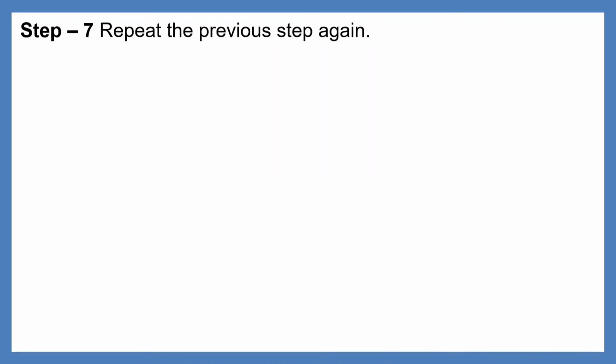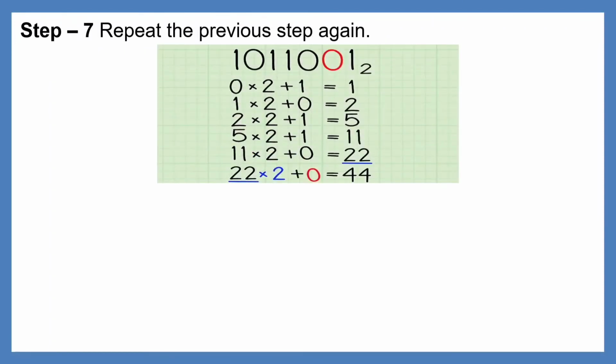Next, you repeat the previous step again until you finish or end the bits in the given binary number. So we have 22 as the previous total. You double the 22, which is 22 times 2. We have 44 plus 0, which is equal to 44.